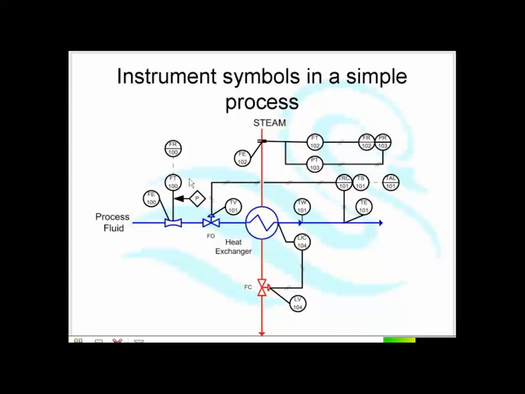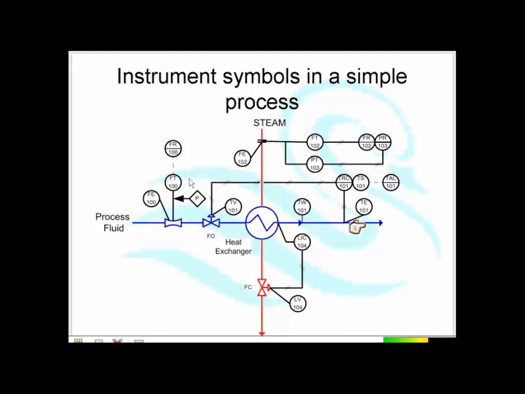Now here we have a typical P&ID drawing. This is piping coming in. Here we have a flow indicator, a flow tube, something that's measuring flow. We're going through this. We've got something here, I'm not sure what it is, and we go into this object here.